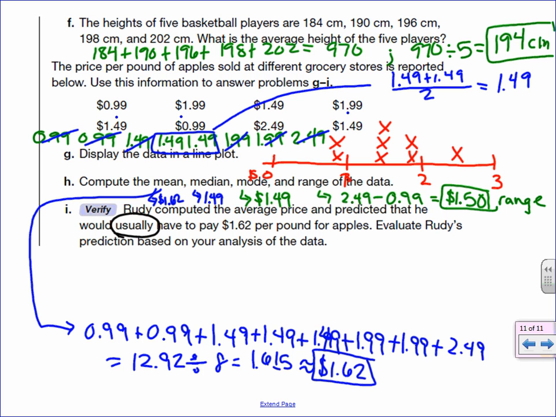So yeah, the mean, the average is $1.62, but more stores sell them for $1.49 than that. So I would tend to say that this is not true, that Rudy will usually be paying $1.49.